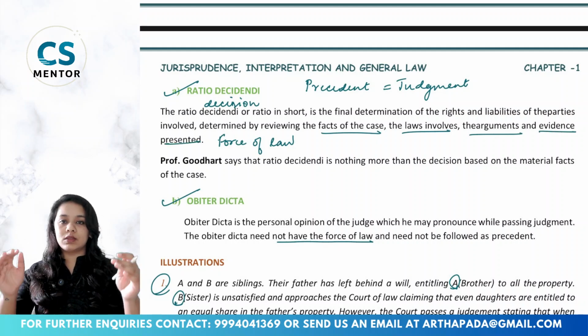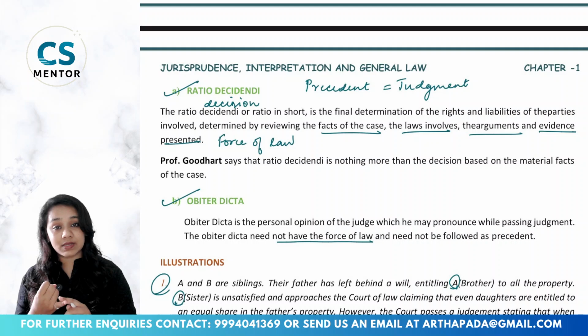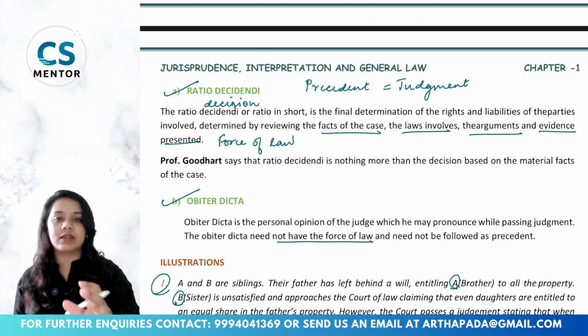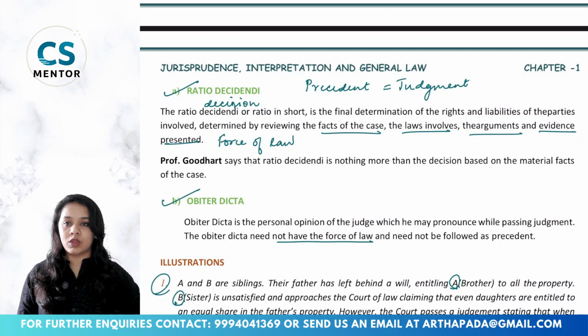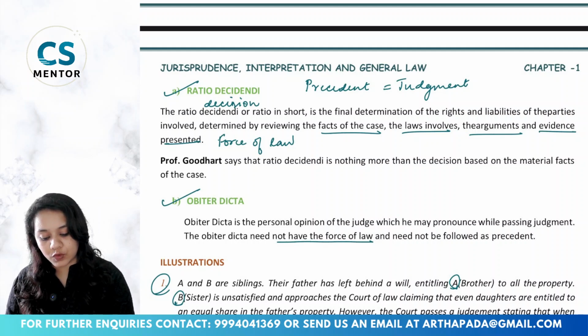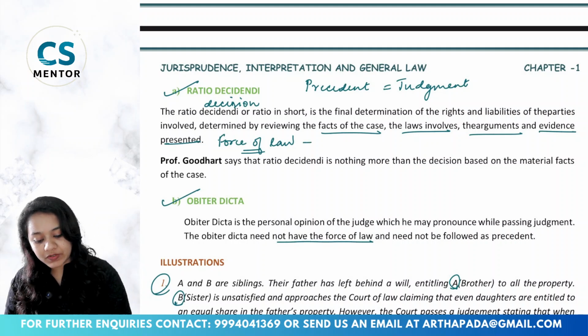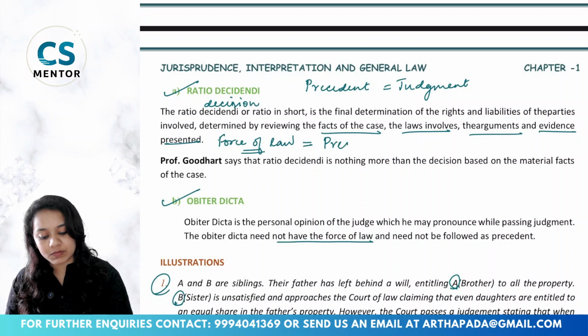That means both the parties, or all the interested parties, have come before the judge. He has heard both sides. He has heard their arguments. He has reviewed the law, and then finally, after considering all of these things, he is arriving at his decision. This decision has the force of law, and as a result, it now becomes the precedent.